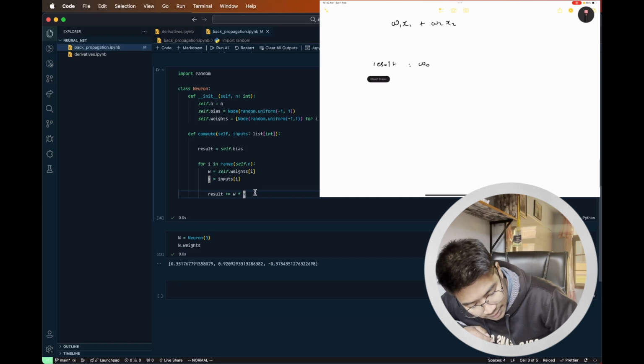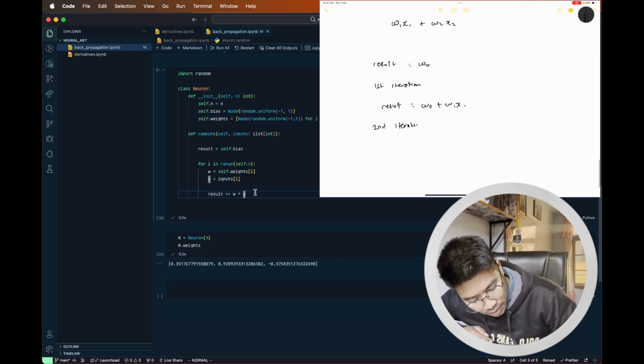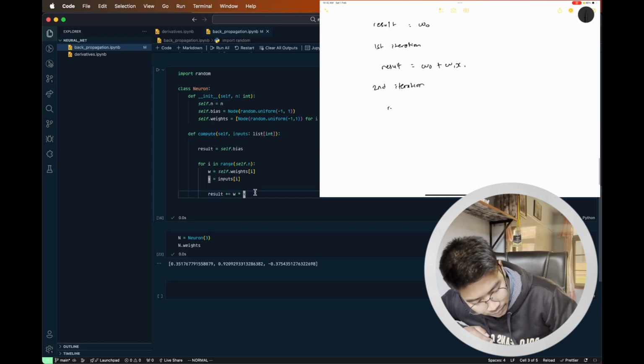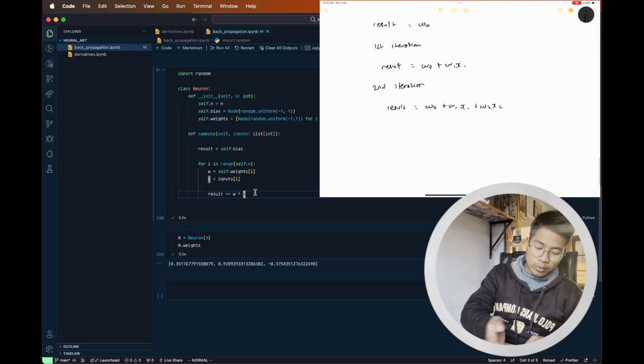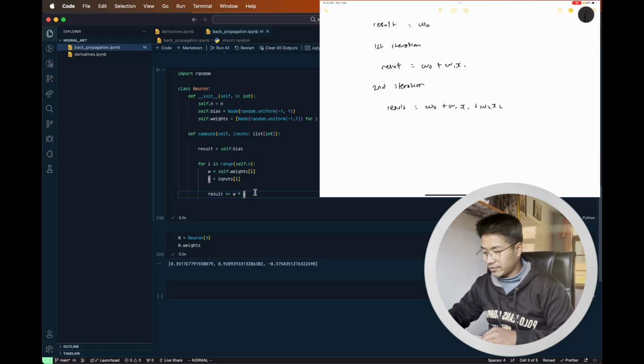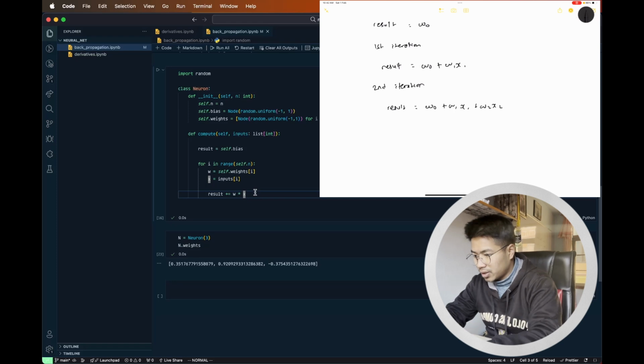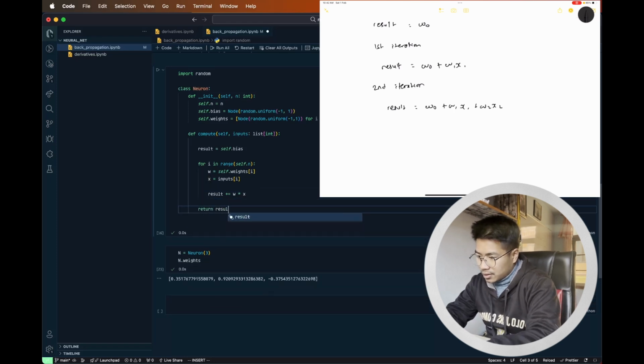In the first iteration, result would be equal to w0 plus w1 x1. In the second iteration, the result would be w0 plus w1 x1 plus w2 x2. That will give you the result of the computation, and I can return that result.